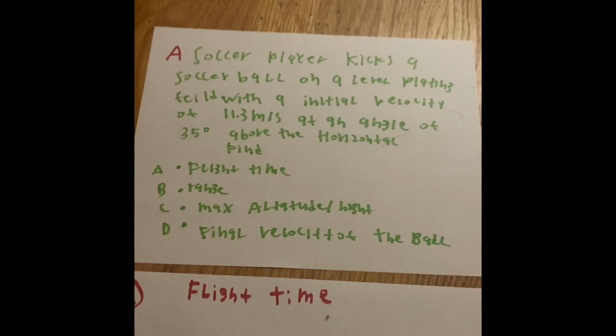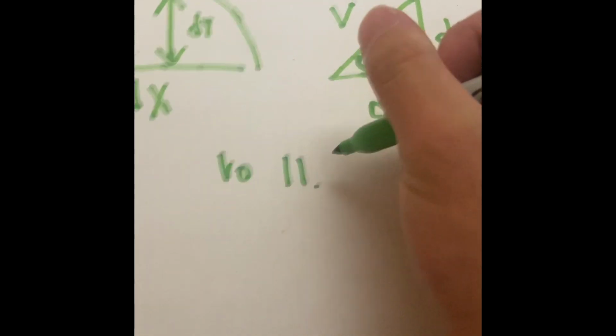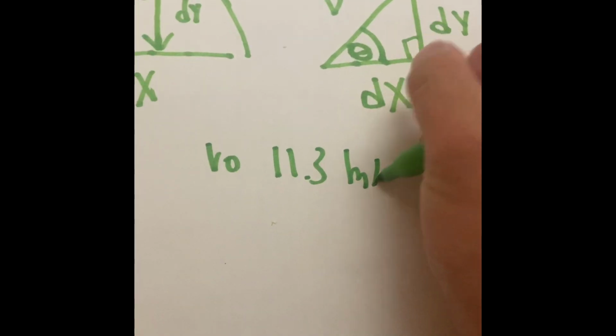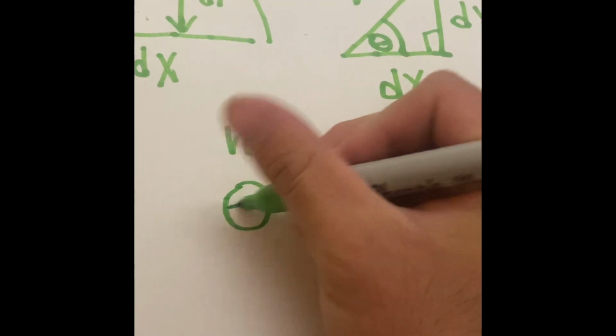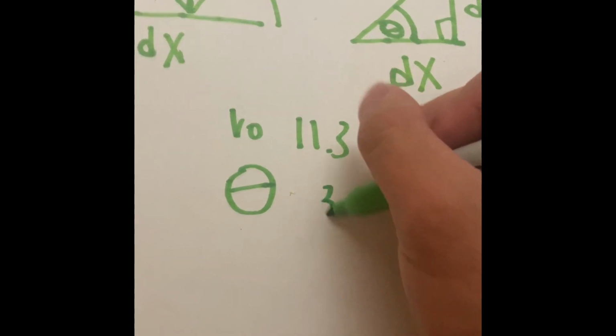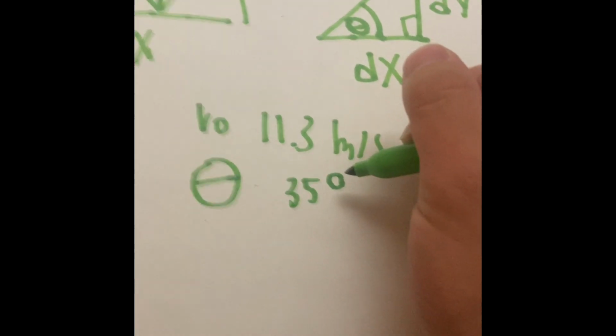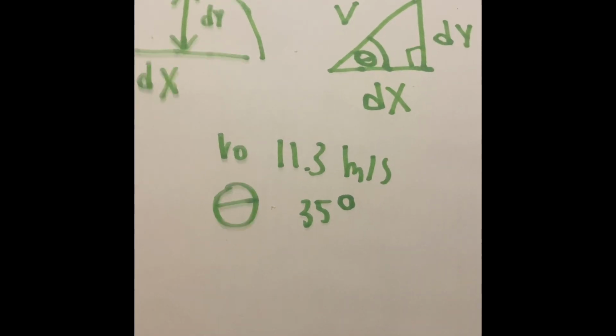What the problem already gives us is that our initial velocity is 11.3 meters per second. Also, the angle the soccer player kicked at is 35 degrees above the horizontal line.